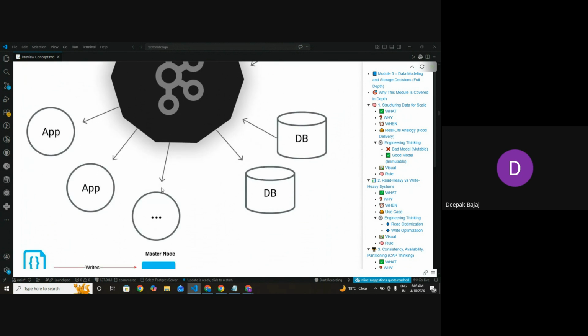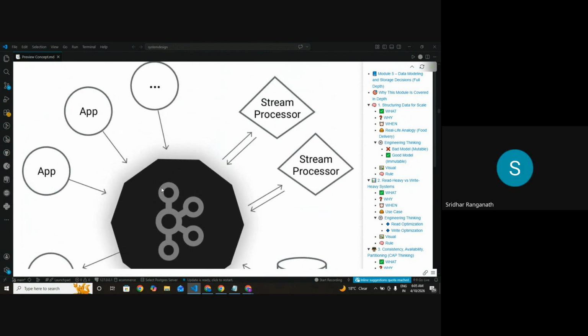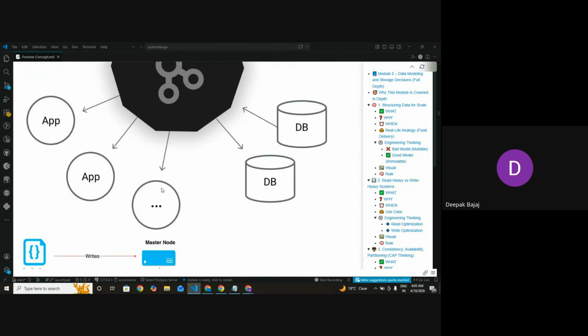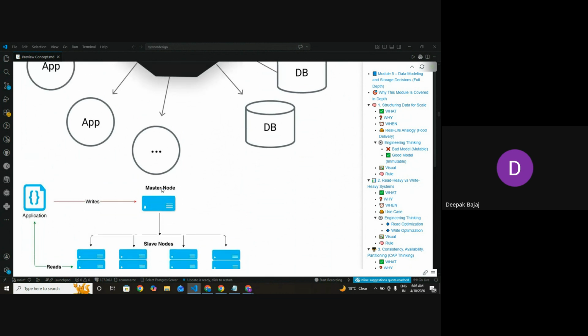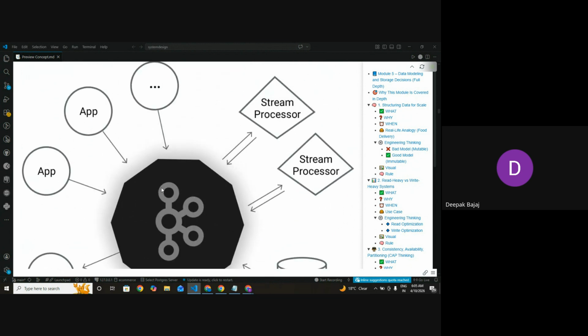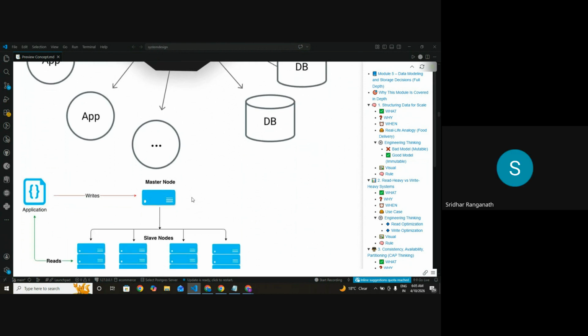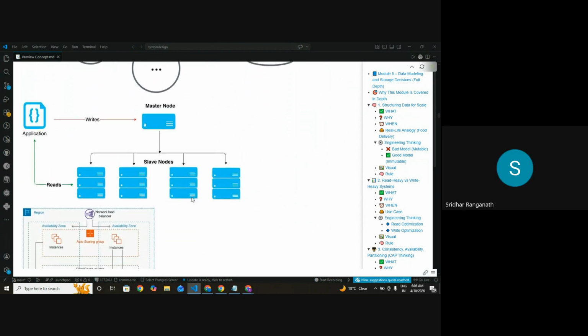Now n8n is a server that can serve multiple applications with the help of AI automation.